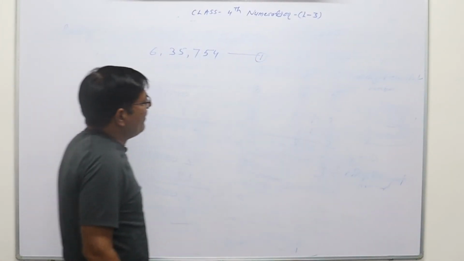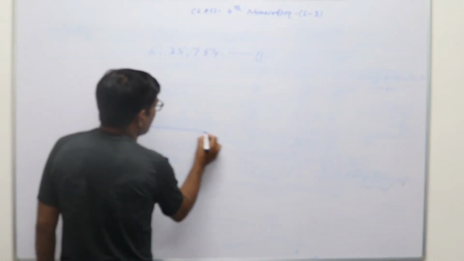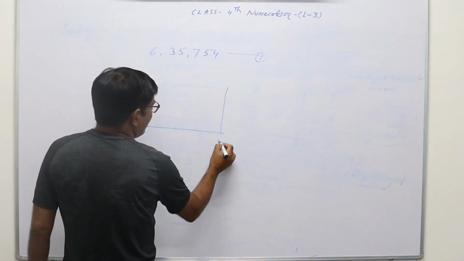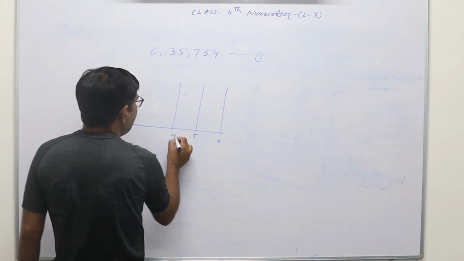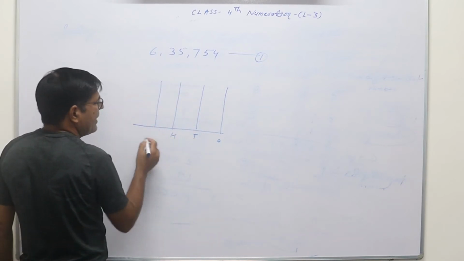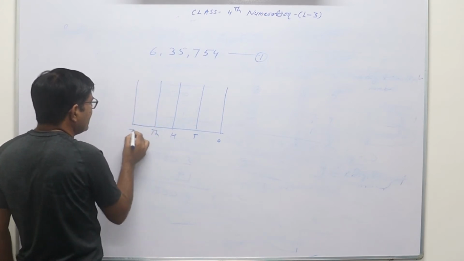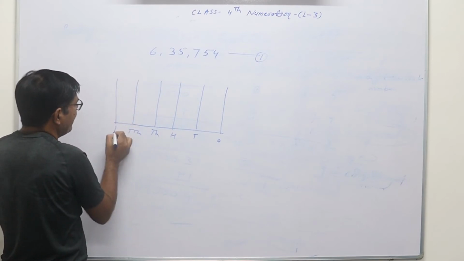So if we have to represent this number on an abacus, then how will we represent it? To form an abacus, this is ones, this is tens, this one is 100, this one is 1000, this one is 10,000, then this one is the lakh.